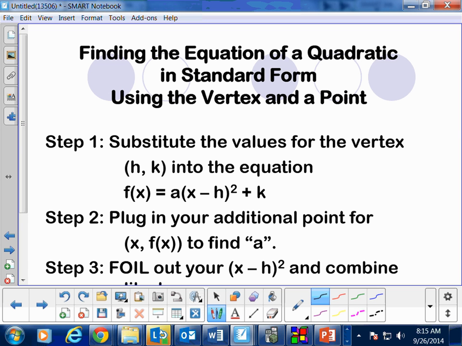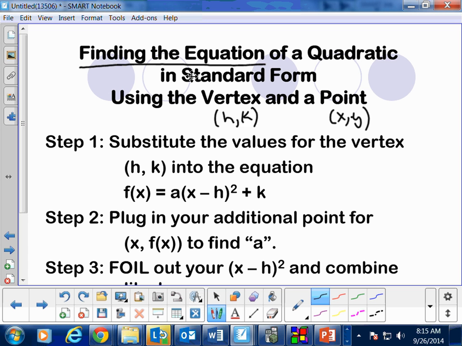Really what we're going to do is that we're going to be given the vertex and a point, so we're going to be given hk and a point, xy, and with these two values you can go ahead and find the equation. That's one of the things we're going to be able to do. Equation of a quadratic in standard form using the vertex and a point.